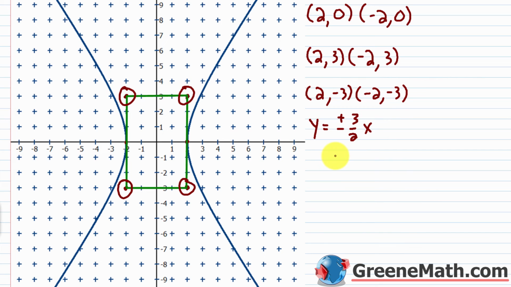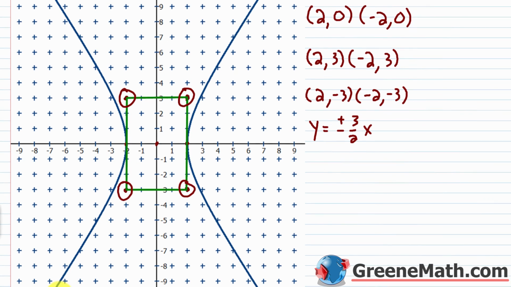So y equals 3/2 x and y equals -3/2 x. If I started at the origin, went up 3 units, so 1, 2, 3, and went to the right 2, that would put me at that point there. If I went from the origin down 3 units, 1, 2, 3, and to the left 2, that puts me right there. So you can see that would be the line. So let's go ahead and sketch that.